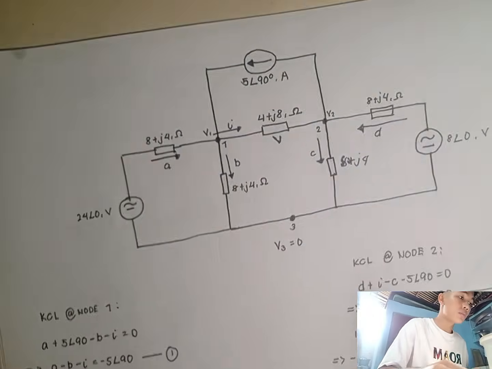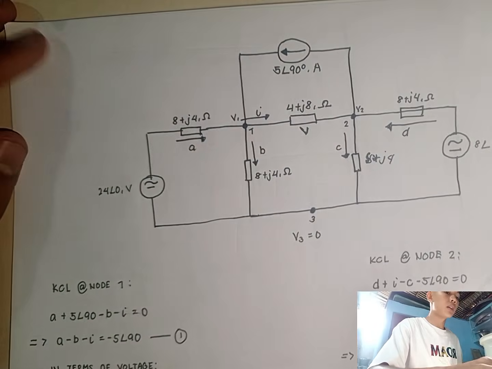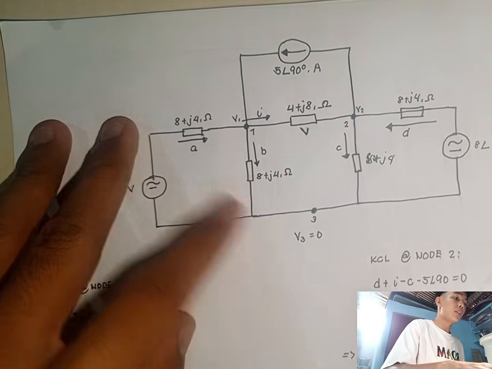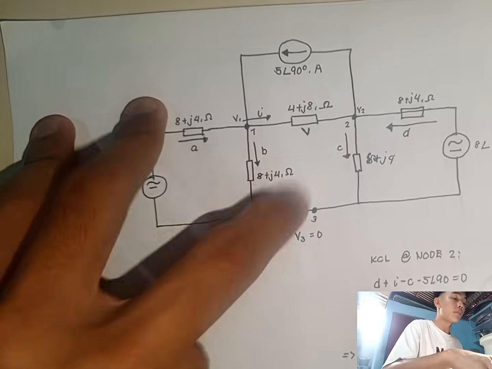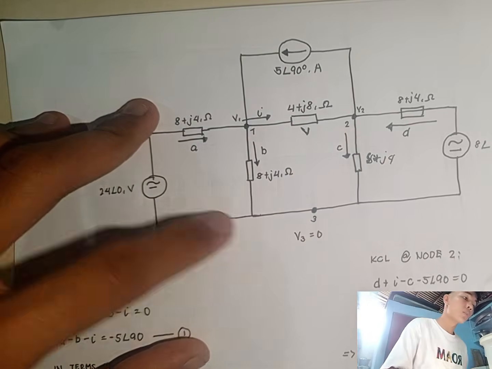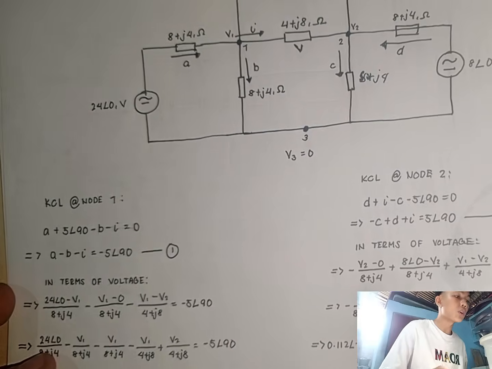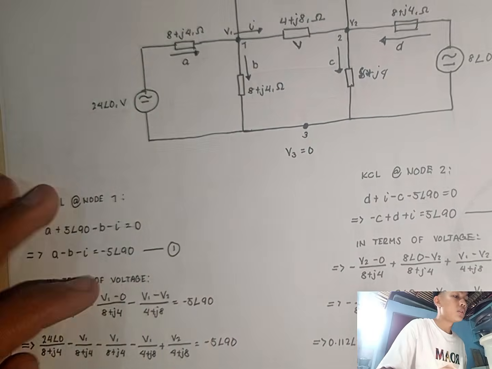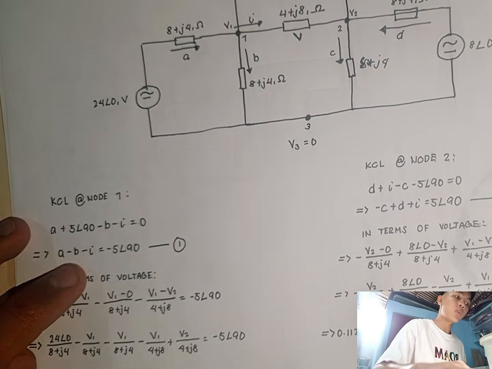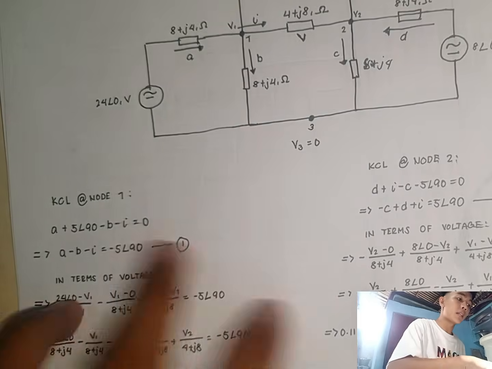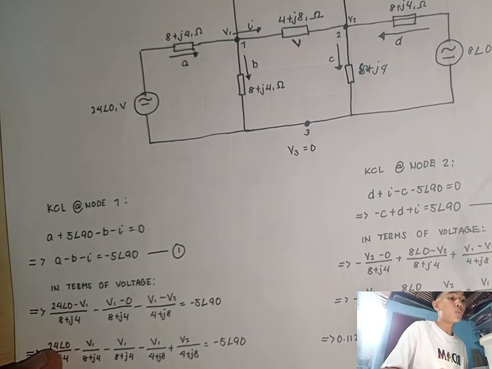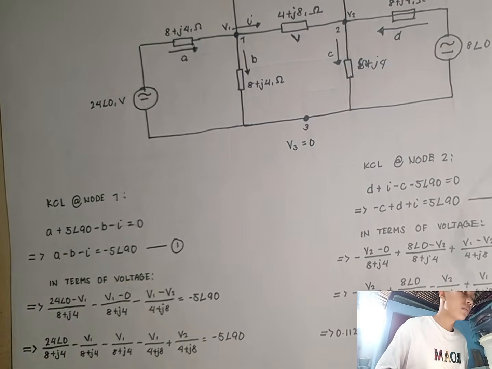Again, for our step 1, we assign our direction of currents and determine our nodes, especially our reference node. After that, we apply our KCL equations at our nodes. Then, we make an equation of currents entering and leaving, and after that, we transform it in terms of voltage.